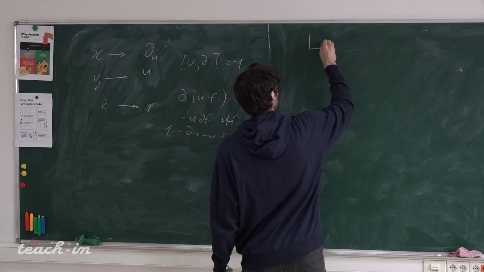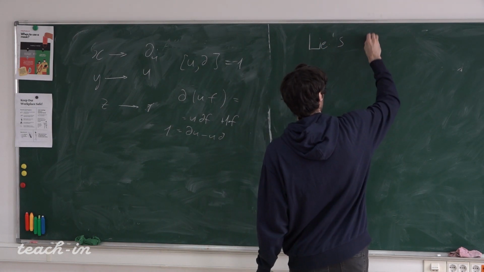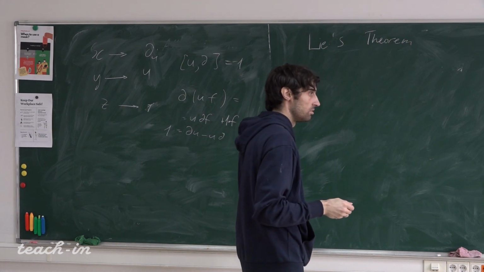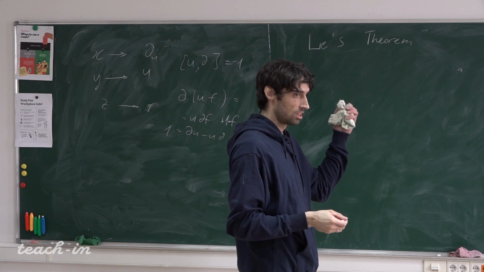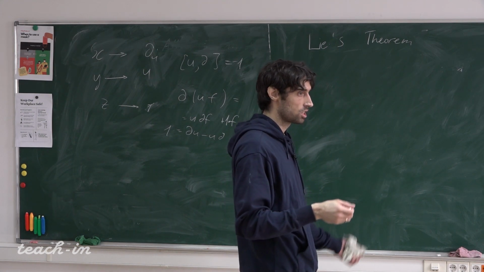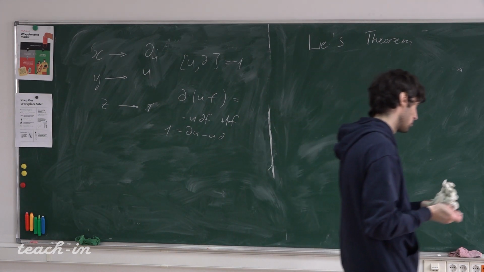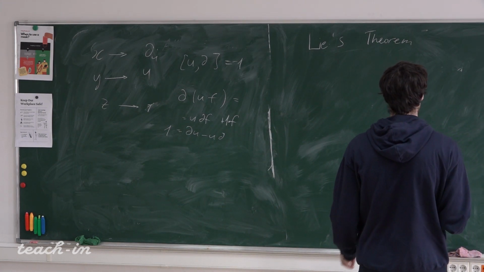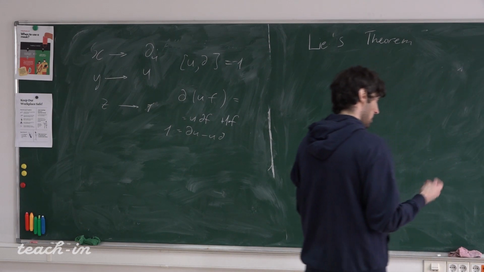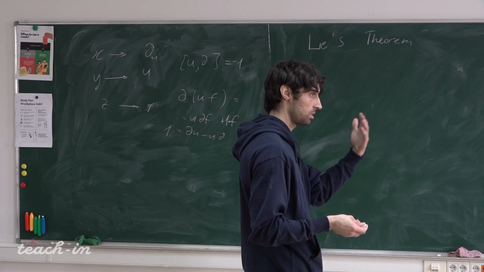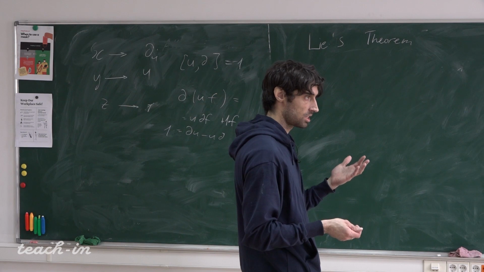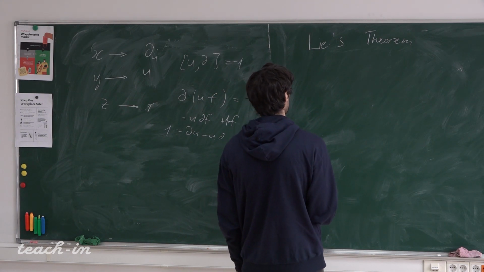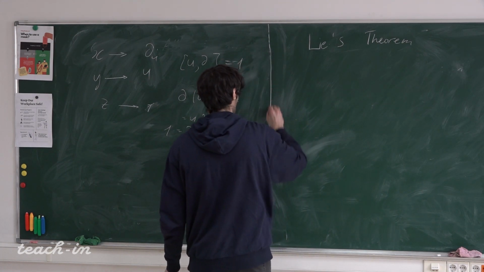So again, let G be solvable, V a finite dimensional complex representation as before. Then there is some basis in which each element of G acts as an upper triangular matrix. So that's the statement. Let's put it on the board.